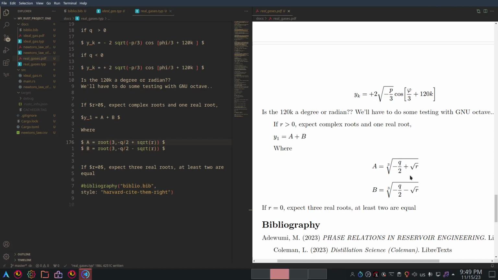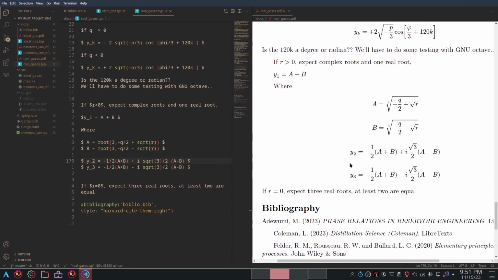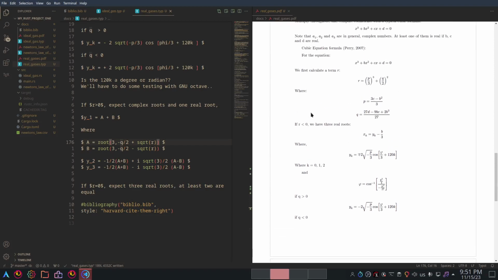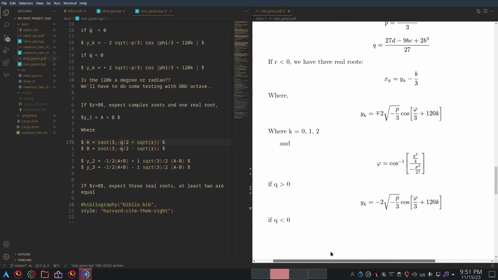And we'll have the complex roots as well, which I'll just quickly write. Yep, so here is the case where r is so-called more than 0. Okay, r is more than 0. Here's the case, there's the algorithm where r is less than 0, then we have 3 real roots.